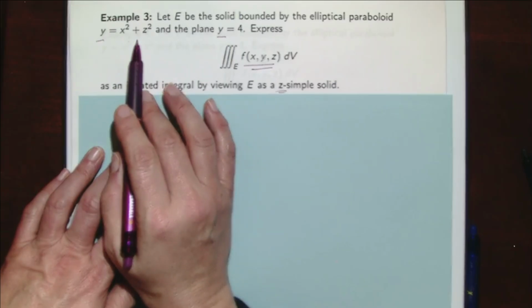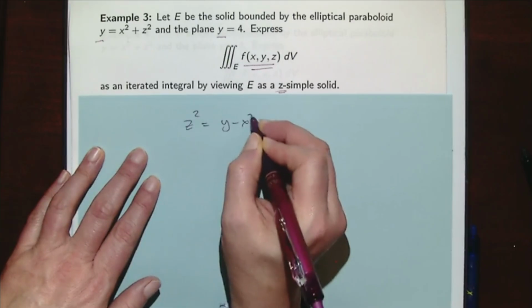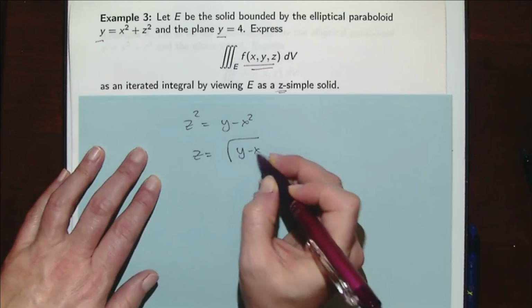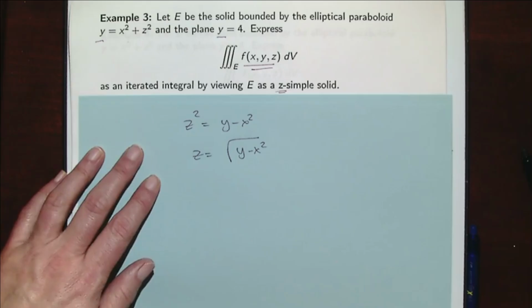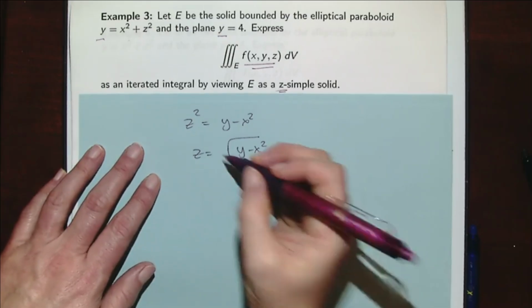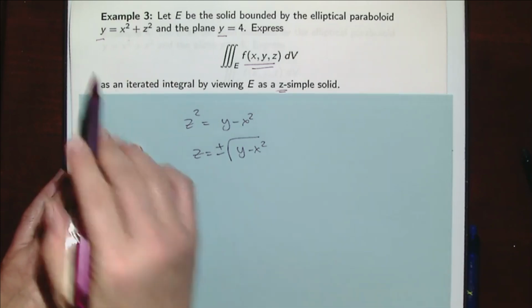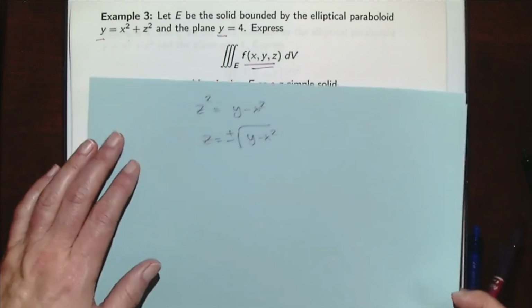That's the one, right? That's the only one. So let's solve for z. When I solve for z and I put the square root, am I okay? What did I make an error in? Plus and minus. So it gives me 2 surfaces, basically. The other one wasn't giving me any surface, but that one is giving me 2 surfaces.